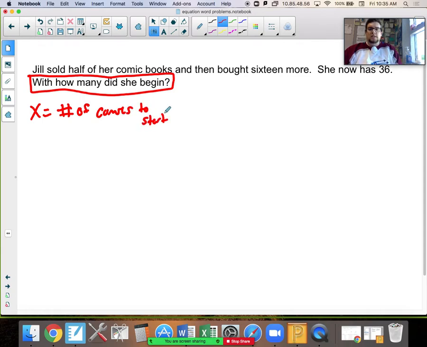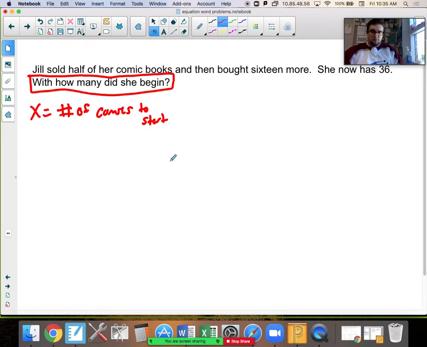The more detailed we can be with defining the variable, the better off our problem is going to be. If we just said X was comic books, is that comic books at the end? Because it's just 36. Is it comic books before she bought the 16? Before she sold half? Like, what are we talking about? So, number of comic books she started with.